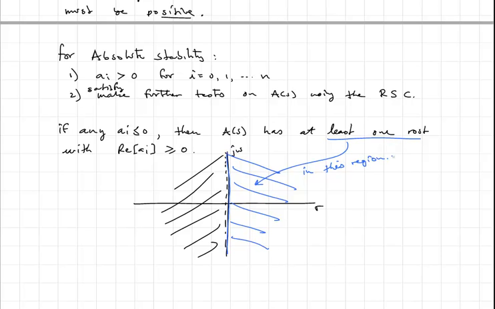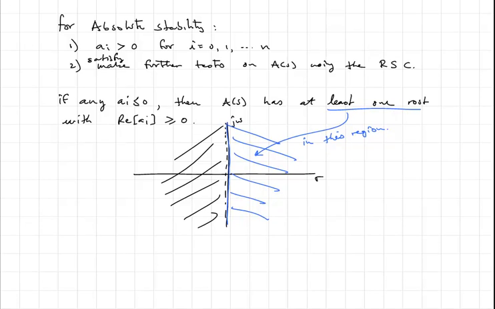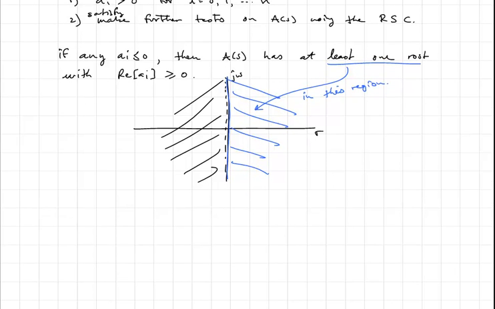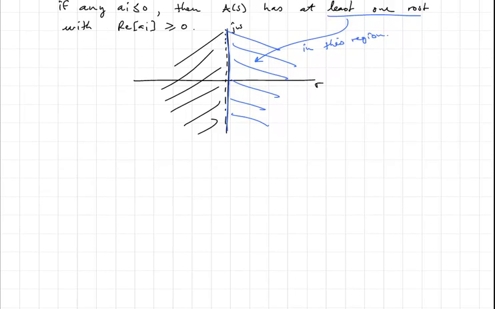Now, if we see that one or more of the coefficients in A(s) is negative, and we're simply trying to determine if the system is absolutely stable, then we stop at this point and say there's no point going further, because the system cannot be absolutely stable if there are any coefficients that are not positive, and that includes coefficients that would be 0 as well.